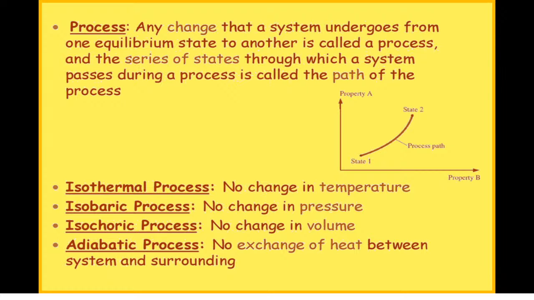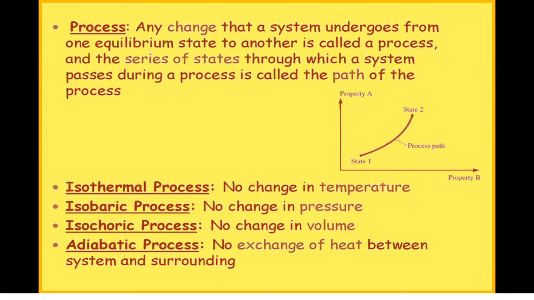Any change that a system undergoes from one equilibrium state to another is called a process, and the series of states through which a system passes during the process is called the path of the process.